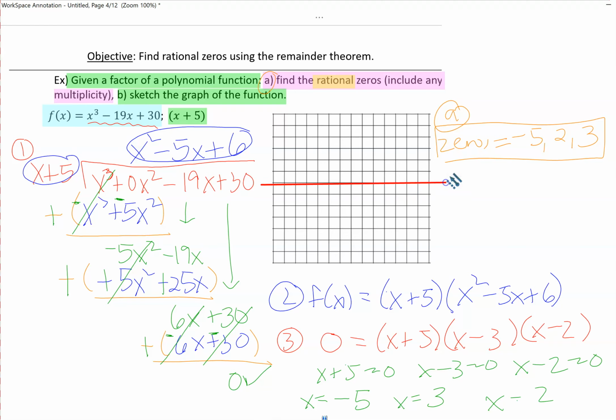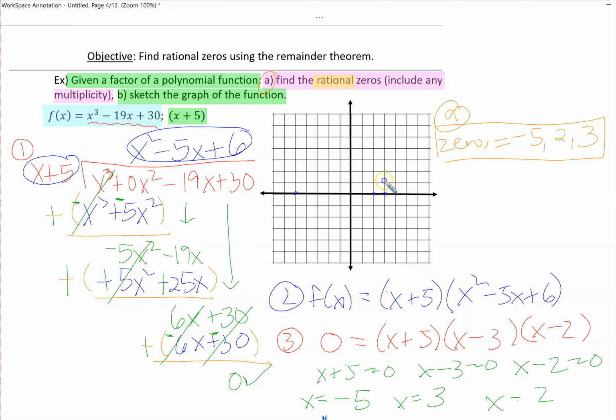Now we draw in our axes here. We have our zeros at negative 5. So again, we'll just use scales of 1. So this is negative 2, 3, 4, 5 would be right there. And then we have positive 2 and positive 3.